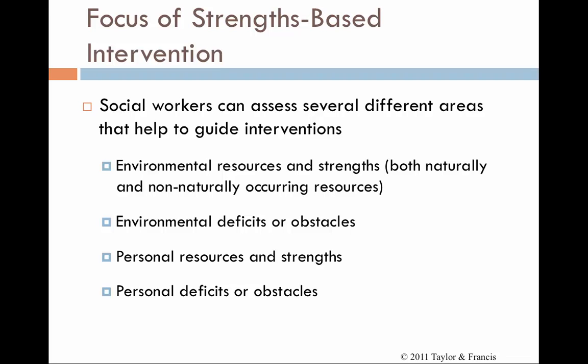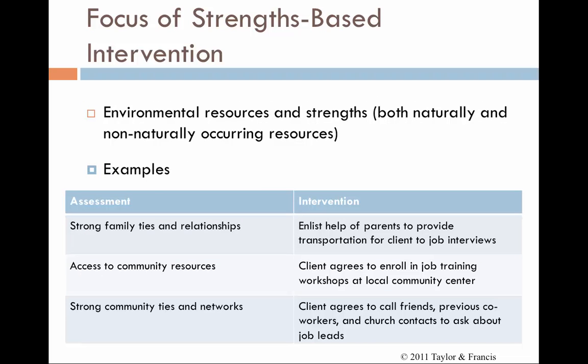Part of the strengths process, part of that assessment, and I think it can sometimes be a misunderstanding or a trap of newer social workers who are trying to apply this concept, is that part of the strengths-based approach is also assessing for environmental deficits or obstacles. It's also looking at personal resources and strengths, and again, assessing the personal deficits or obstacles, because you can't really enhance one without understanding the other.